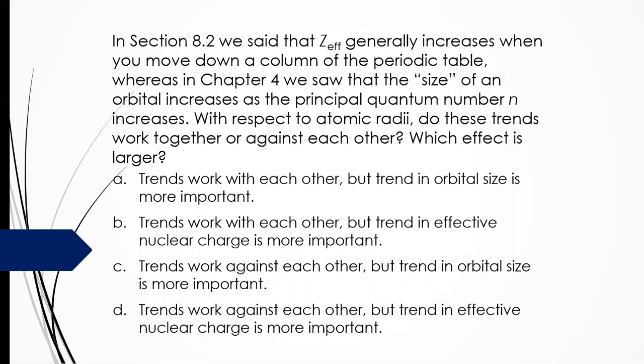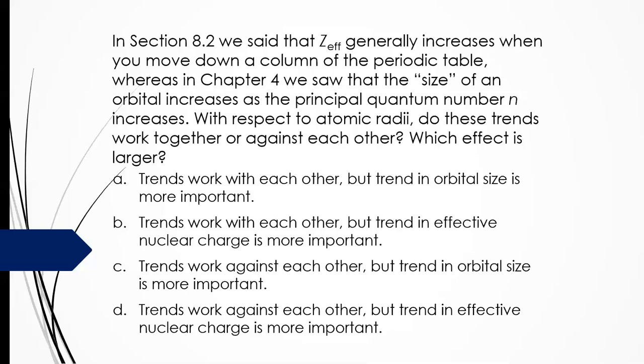So do these trends work together, or are they in contrast with each other? Because one's saying that as we go down the column, our Z effective is getting better. The other is saying that as we go down the column, our n value is going up. And so do those help, or do those not help? And if they don't help, which one do you think is going to be larger?